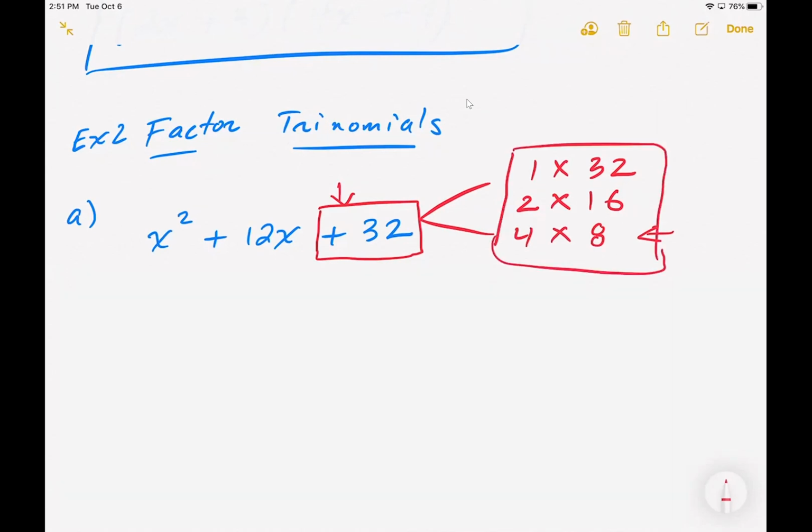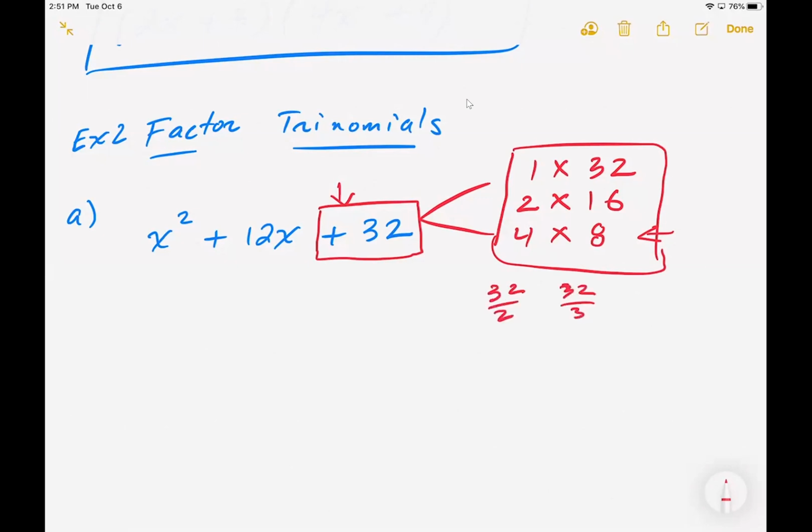Again, the one thing I tell my students is, if you know your times table, this will be very, very doable. If you are not good with your times table, just take your calculator and say 32 divided by 2, 32 divided by 3, and so on.